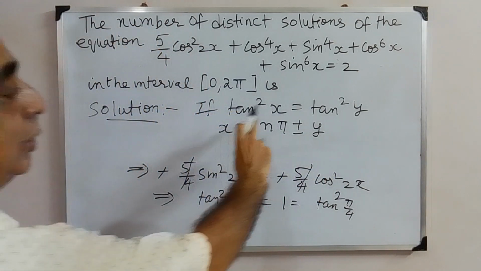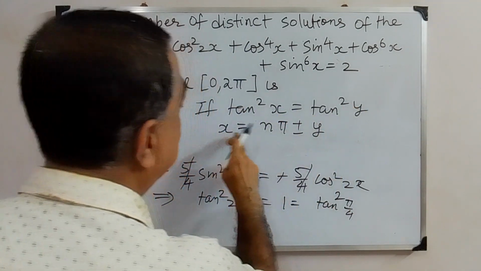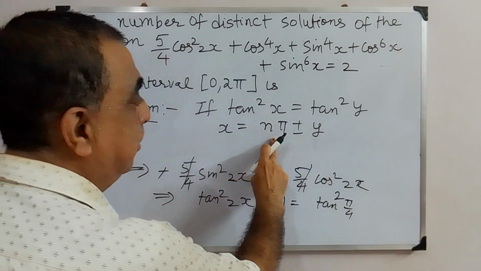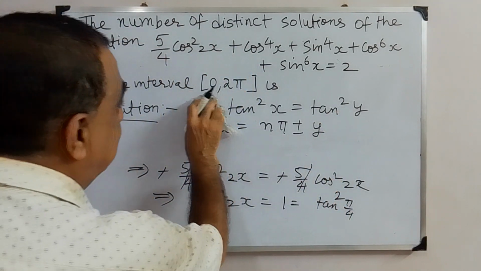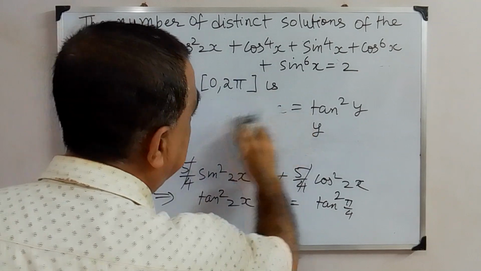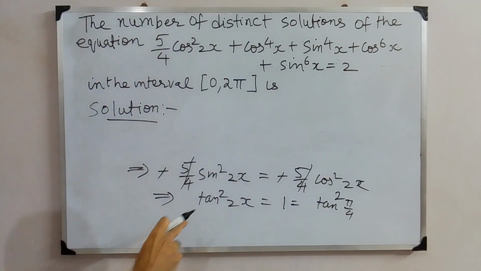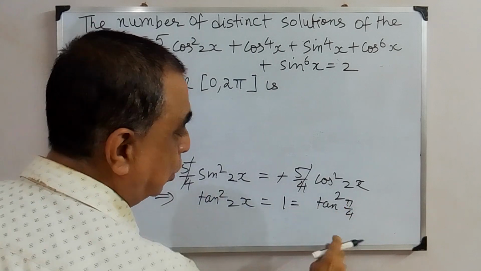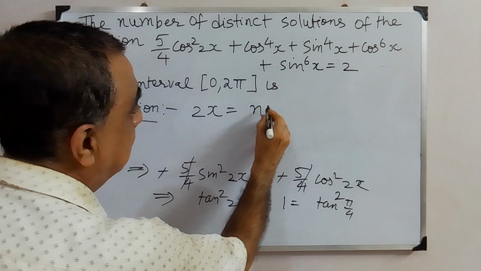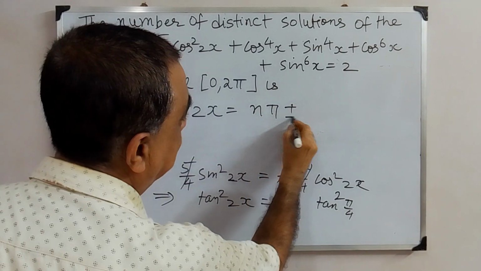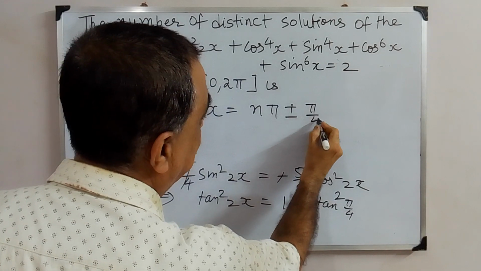This is the general solution. So if tan squared x is equal to tan squared y, x will be equal to n pi plus minus pi by 4. So here we are applying this formula. So what we will have here, tan squared 2x is equal to tan squared pi by 4. So 2x is equal to n pi plus minus pi by 4.